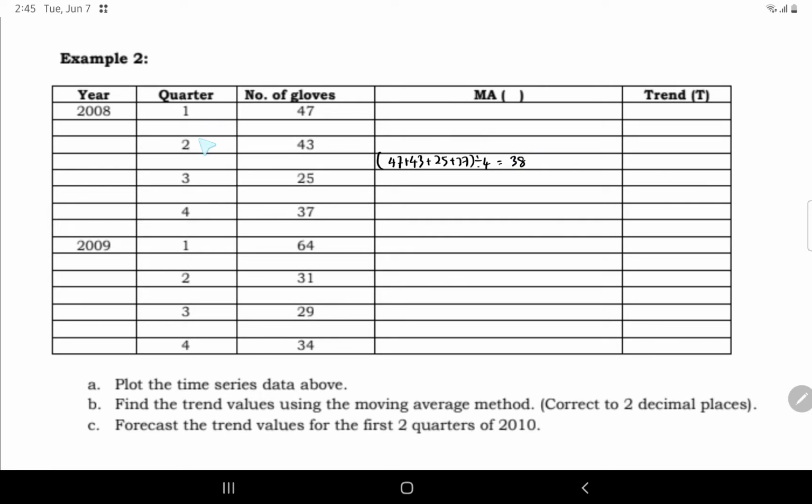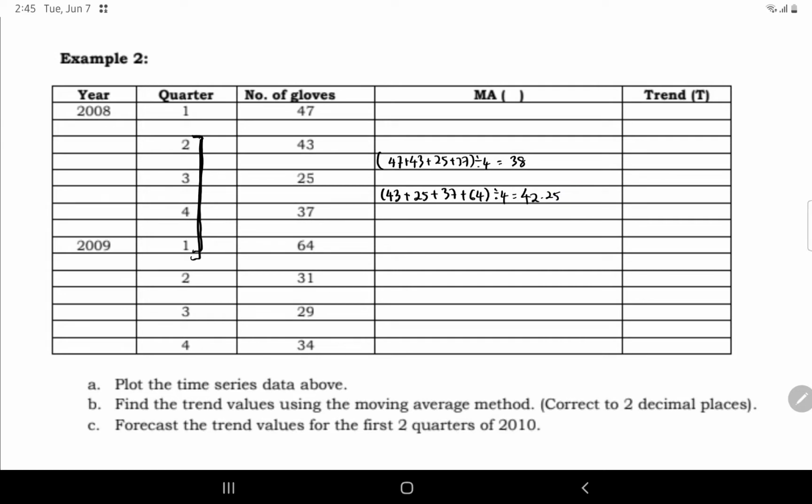Okay, and then kita ambil lagi 4 dekat sini, yang ni pula. These 4 quarters: 43 plus 25 plus 37 plus 64 divide by 4. Antara 4 ni tengah-tengah dia adalah di sini. So the answer is 42.25.